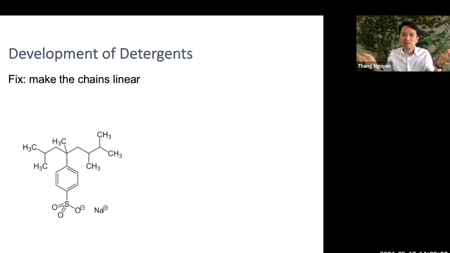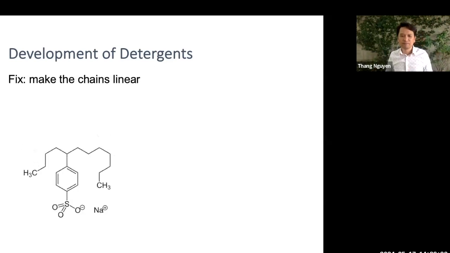So why don't we combine the two features that work? That's what they actually did. They just kept the hydrophilic head that is soluble in water if bound with calcium and other minerals, but they made the hydrophobic end linear again.